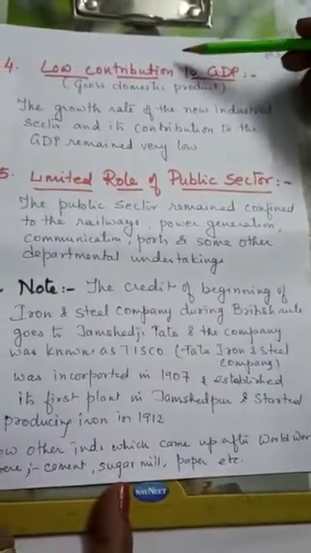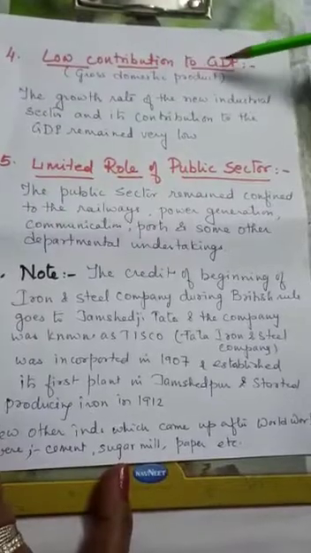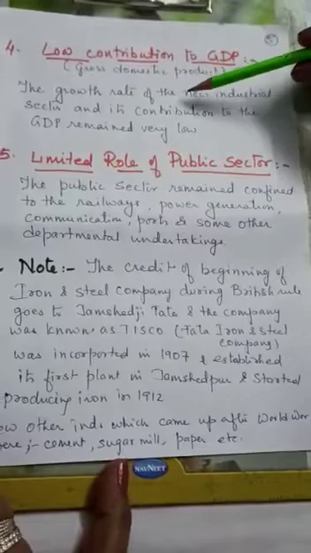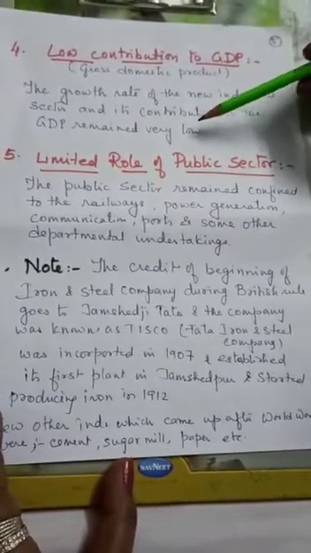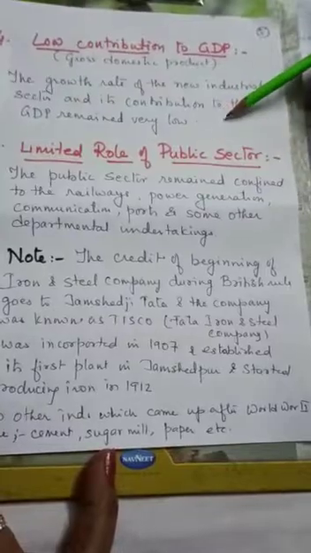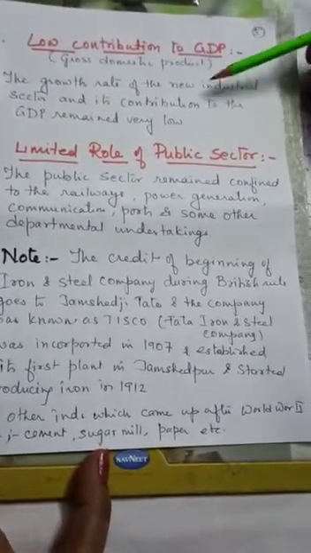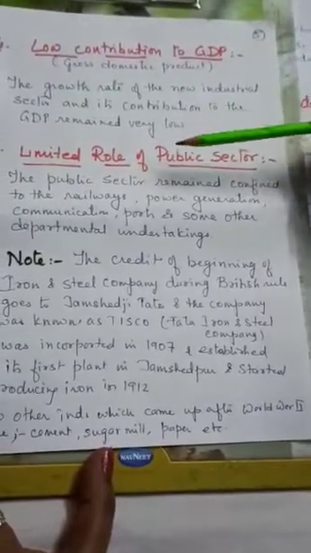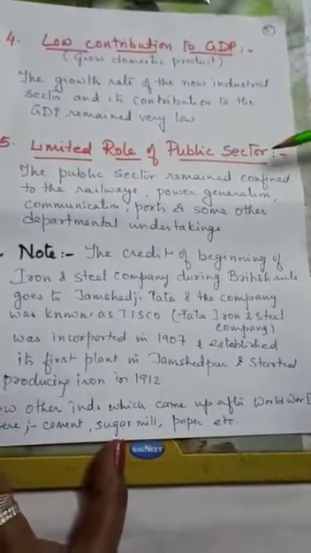The fourth is low contribution of GDP. GDP, the gross domestic product. The growth rate of newly industrial sector and its contribution to the GDP remained very low. Because we know that if there is no growth of industrial sector, that means the GDP of this sector will also be low. The next point and the last is limited role of public sector.